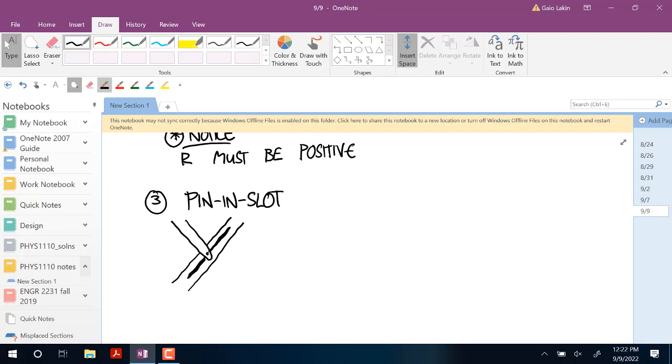Can it translate perpendicular to that slot? That pin can't translate, right? It bumps into the two sides of the slot. So the motion is restricted that way. So there is going to be a force component perpendicular to that slot. And third, can this thing rotate? Yeah, it can rotate fine around that pin. So all we have is a force acting perpendicular to that slot.